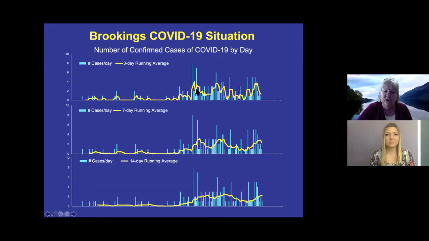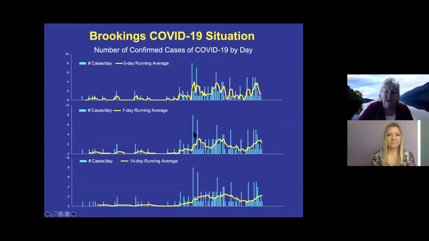Here is a 3-day running average, and you can see it's picking up a lot of that up and down. It hasn't really smoothed out the data very well. The 7-day running average, this middle graph, is what we report, and it's actually what most departments of health report. The CDC reports the COVID data in 7-day running averages.